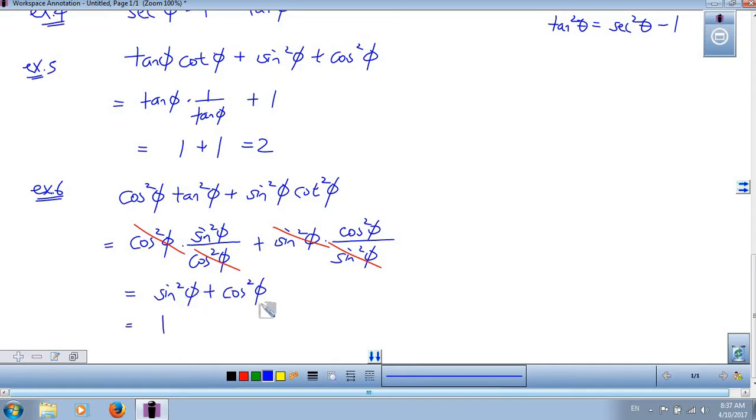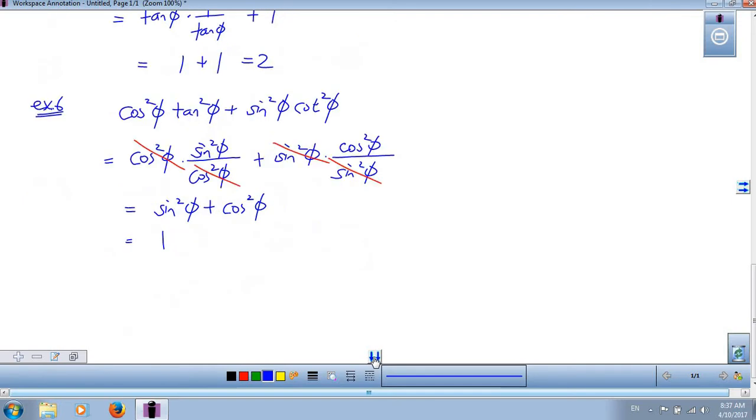So first we use the quotient identity. We write this as a quotient. This is usually a very good way to get started. We write tangent as a quotient of sine over cosine, and then see if there's anything that can cancel out and help us to simplify this expression.